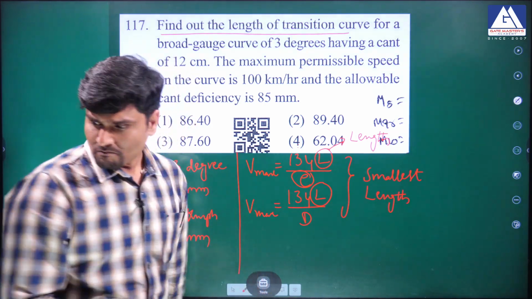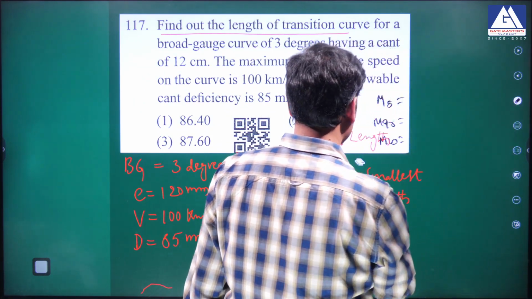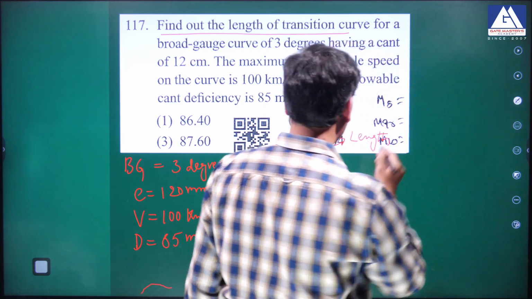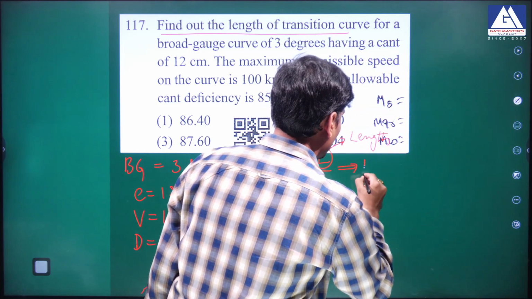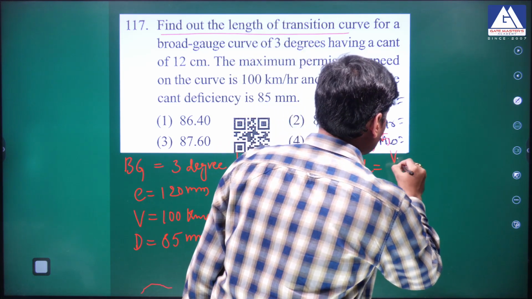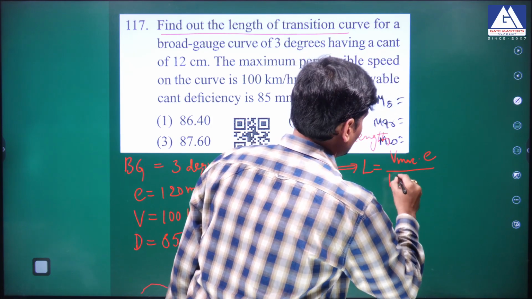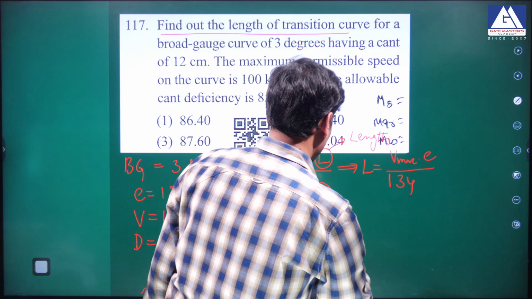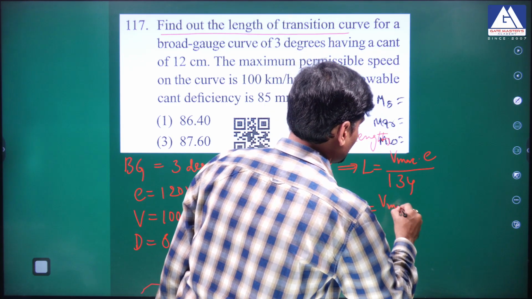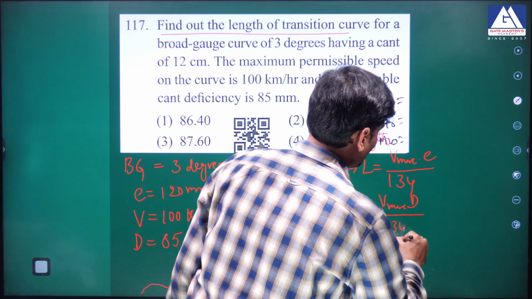So this may be written as the length of the transition curve L is equal to Vmax into E divided by 134, and here L is equal to Vmax times D divided by 134.